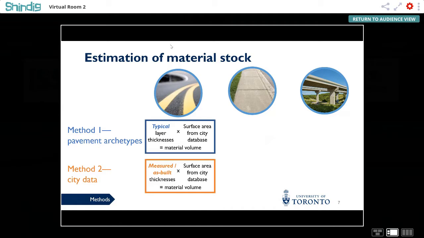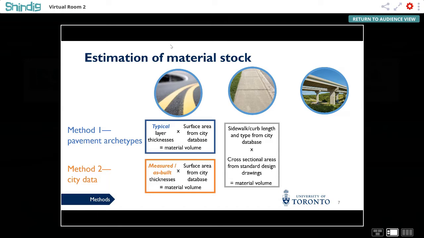We also incorporated sidewalks and curbs because the length and type was included in the city database, which we could combine with cross-sectional areas of materials from standard design drawings in order to obtain material volumes.